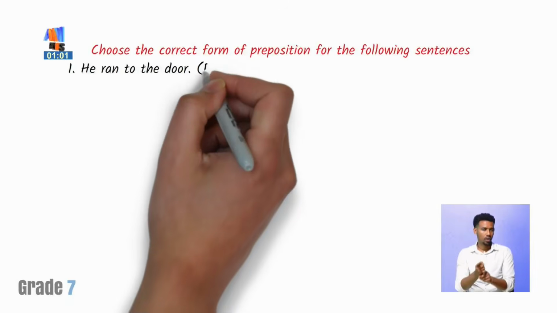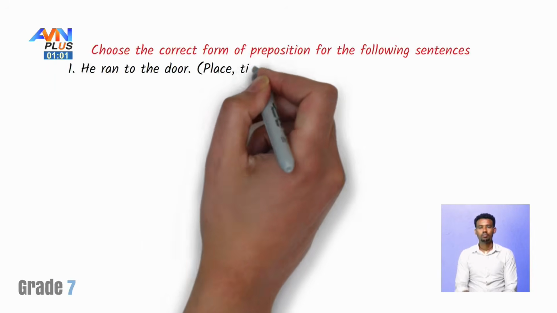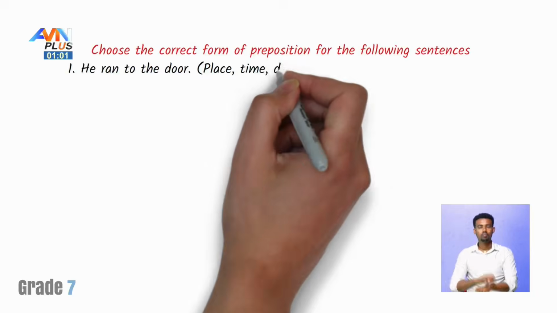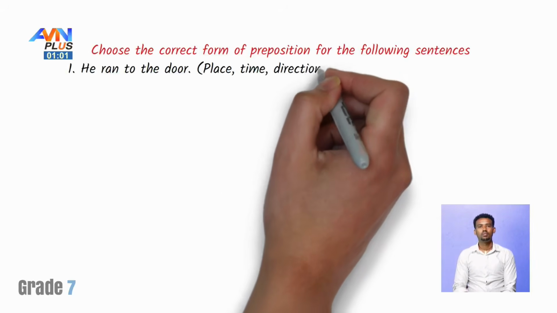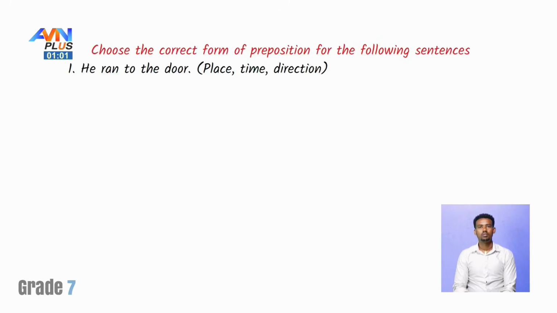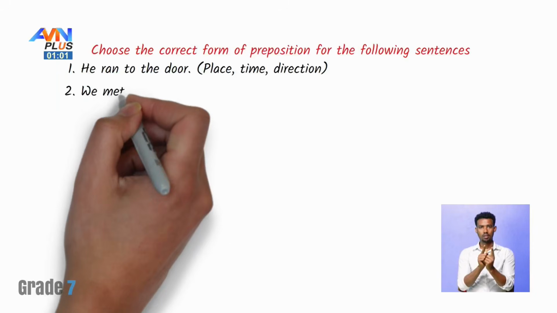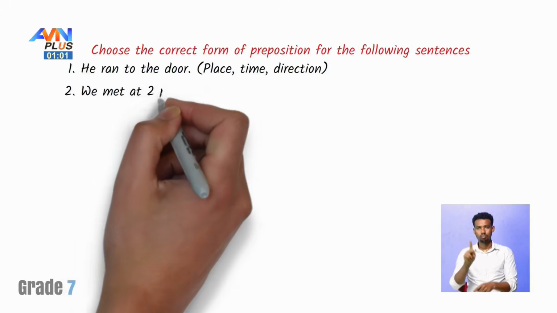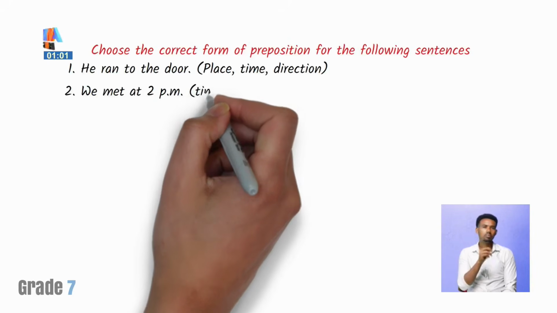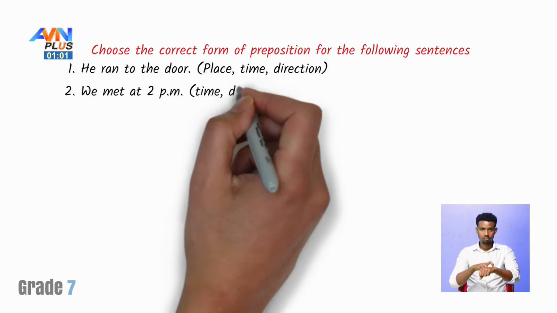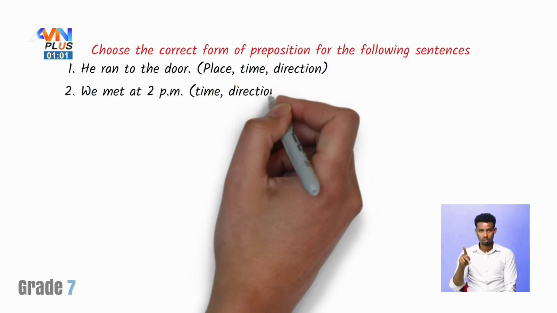Is it a preposition of place, time, direction? Number 2, we met at 2 p.m. Is it preposition of time, is it preposition of direction, or cause?